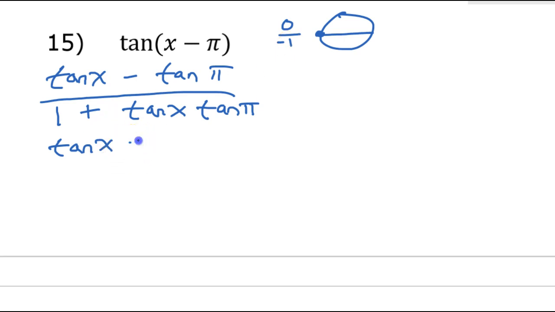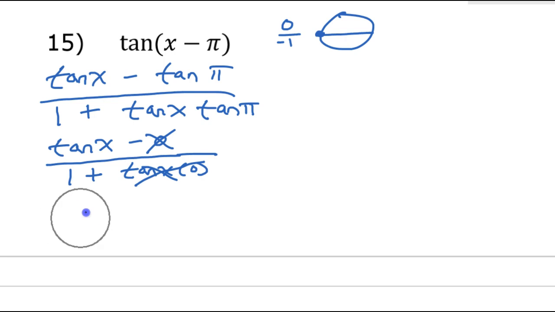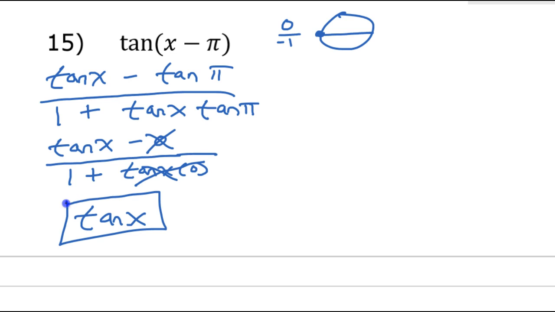So this is going to be 0 over 1 plus, and tangent of x, can't do anything with that, and we already decided that tangent of pi was going to be 0. So tangent of x times 0, that's also 0, so that's going to be gone. So that's really just going to leave tangent x over 1. So really that's just tangent x when you think about it. That's the final answer.